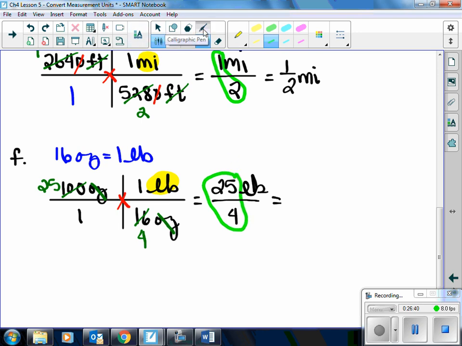So, how many times does 4 go into 25? 6 times, with how many left over? So that's going to be 6 1/4 pounds. And of course, you can write this 1/4 as a decimal, right? So we can write 6.25. Very good. 6.25 pounds.